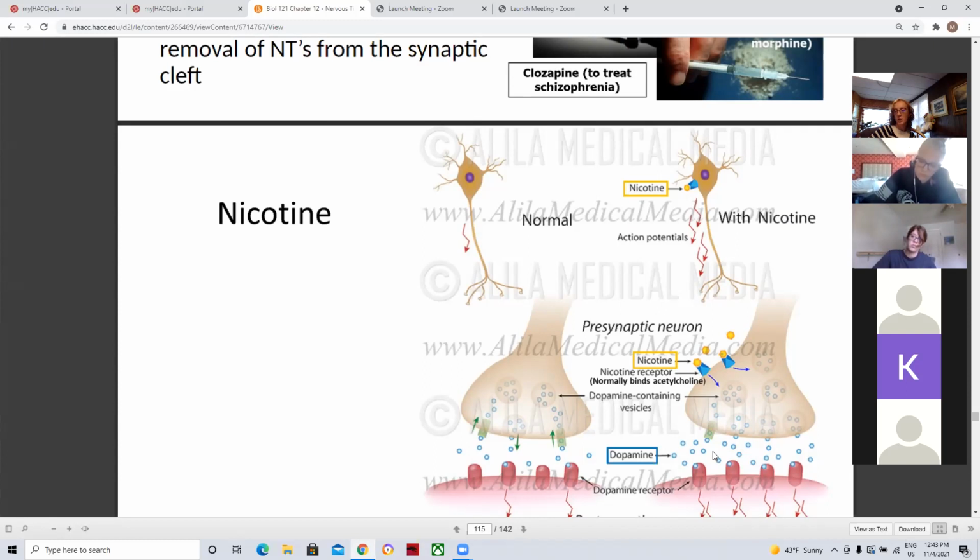We'll talk later about the autonomic nervous system. We'll talk about nicotinic receptors. Well, guess where they got their name? Because those are receptors that bind nicotine. Those same nicotinic receptors bind acetylcholine.